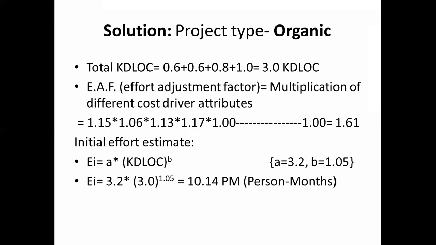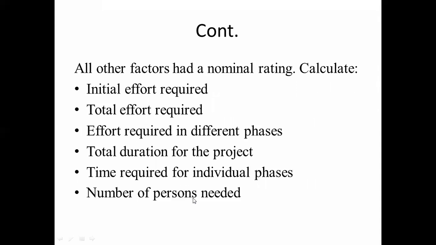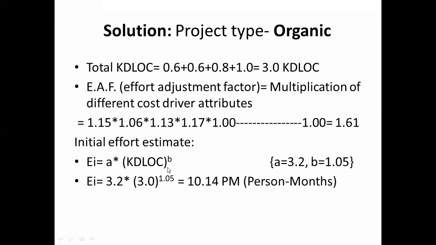Now in the numerical it is already given: MF1 into MF2, MF3, MF4, and so on. Okay, so these are already given: 1.15, 1.06, 1.13, 1.17. Now here you can calculate EAF, effort adjustment factor.